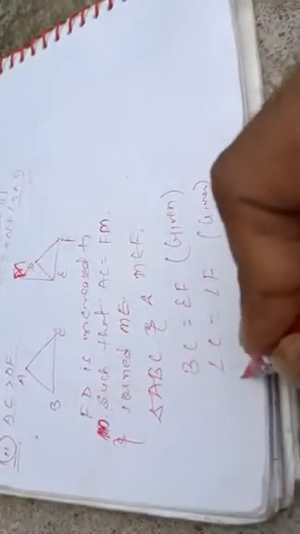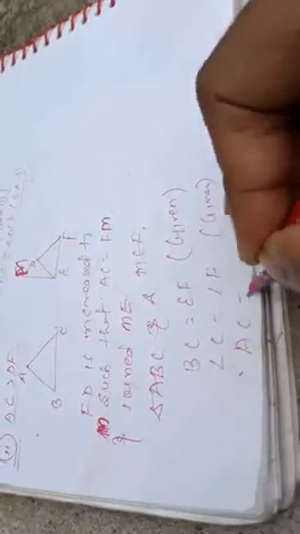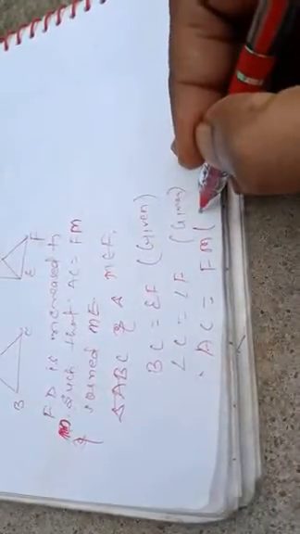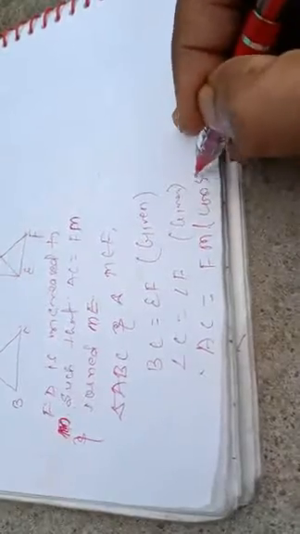And one more thing, student, is given by construction, that AC equals FM. This happens because of the construction of case 2.